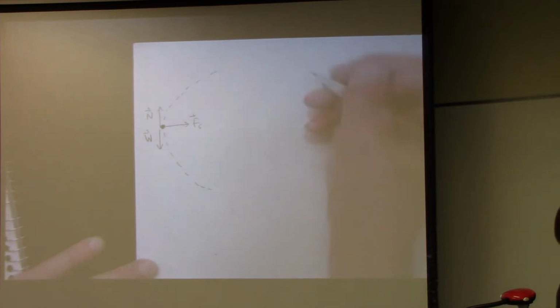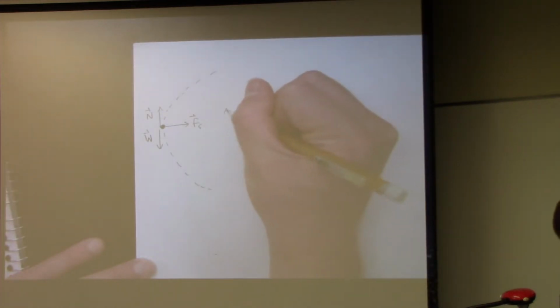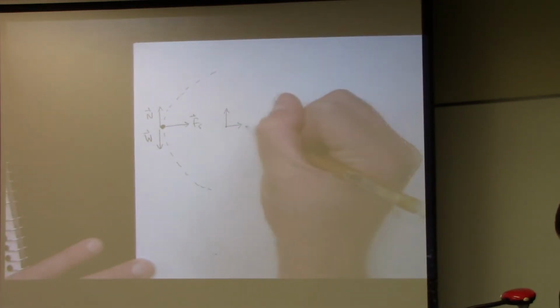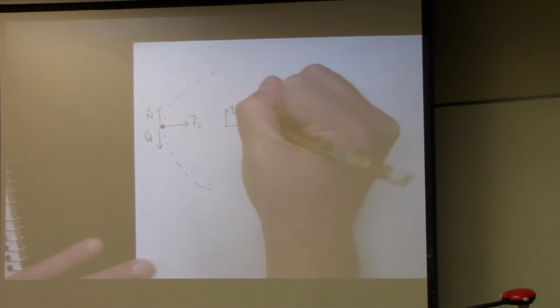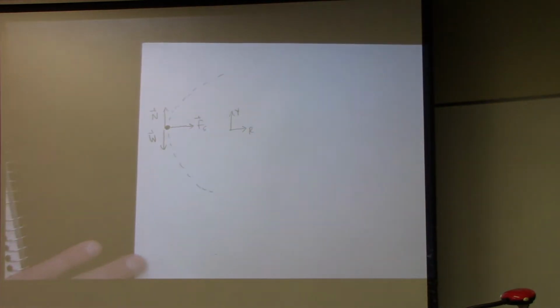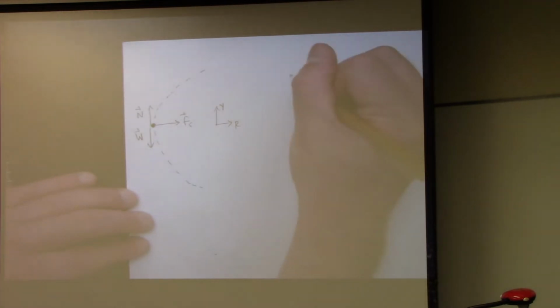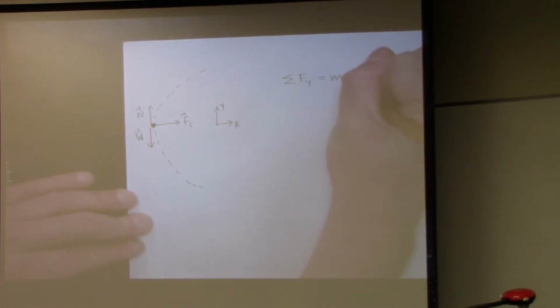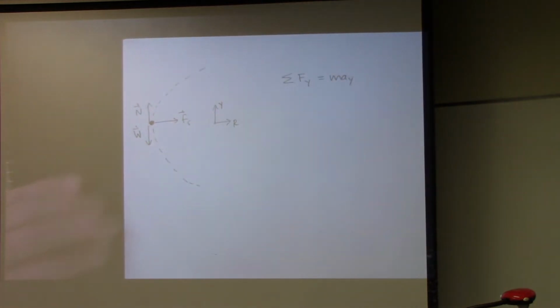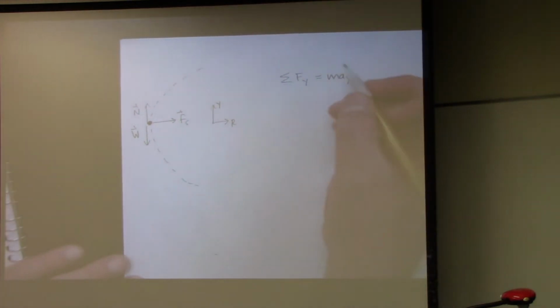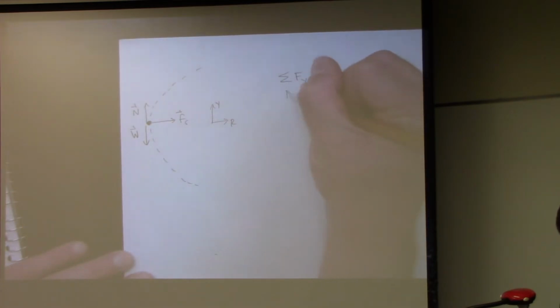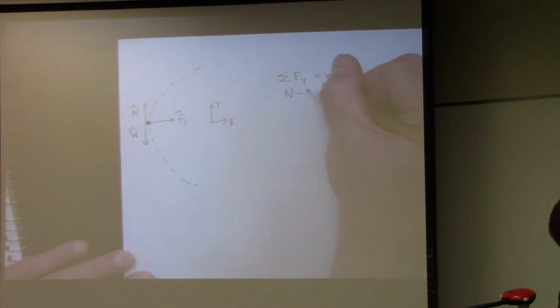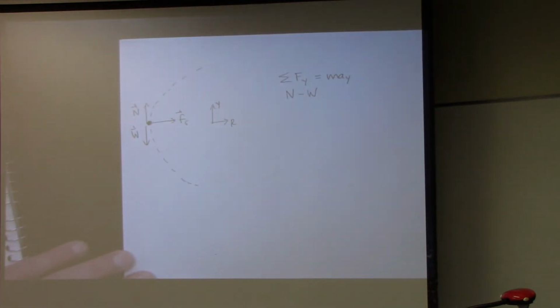If we think about the directions of motion here as being R going to the right and Y going up, we can apply F equals ma in both directions. Let's do it for the Y direction. What forces do I have? I have N, which is up, so that's positive, and W, that's down, so that's negative.